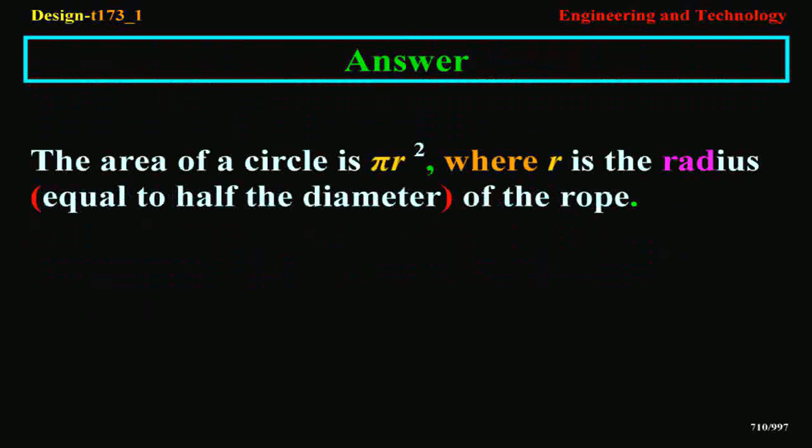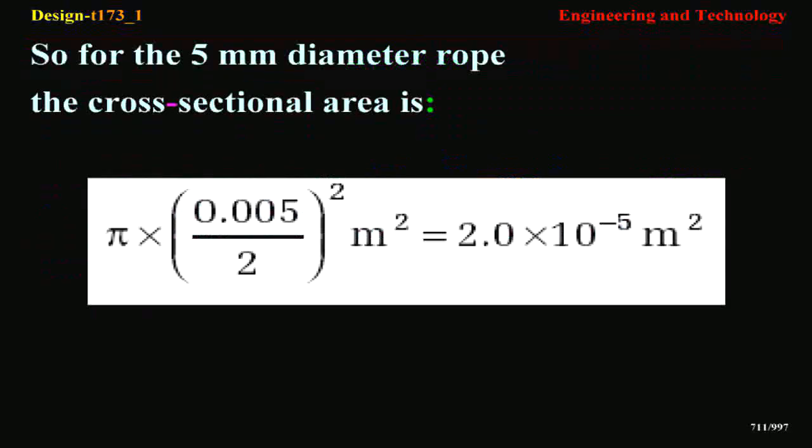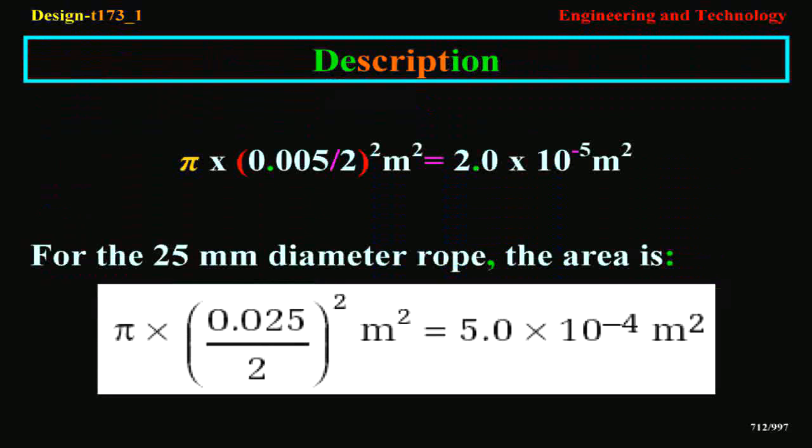Answer. The area of a circle is πr², where the radius equals half the diameter of the rope. So for the 5 mm diameter rope the cross-sectional area is π × 0.005² m², equal to 7.9 × 10⁻⁵ m².